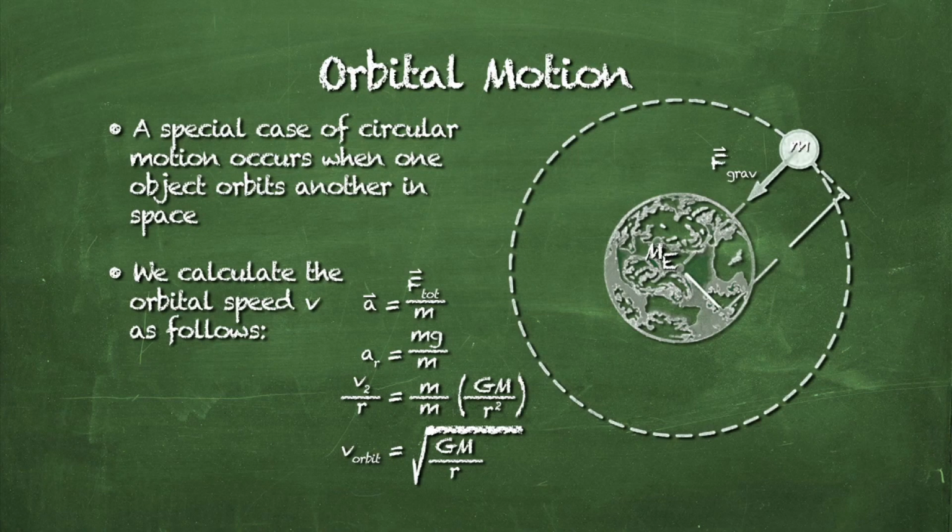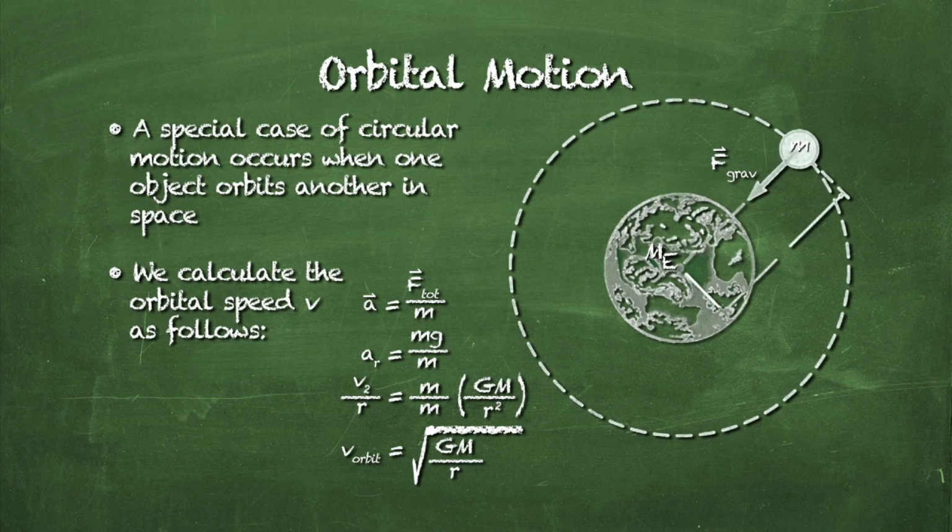An object that moves at constant speed in a circle is accelerating because although the magnitude of its velocity is constant, the direction is changing. So if we look at Newton's second law for this object, the acceleration on the mass is equal to the total force on the mass divided by its mass.